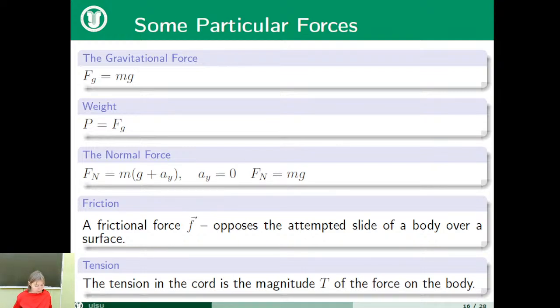Then the normal force. If you stand on a mattress, Earth pulls you downward, but you remain stationary. The reason is that the mattress, because it deforms downward due to you, pushes up on you.